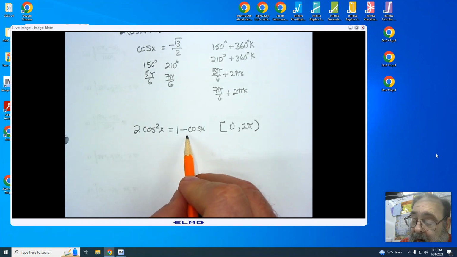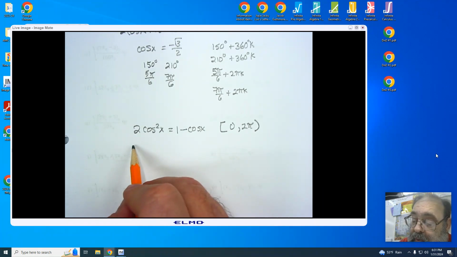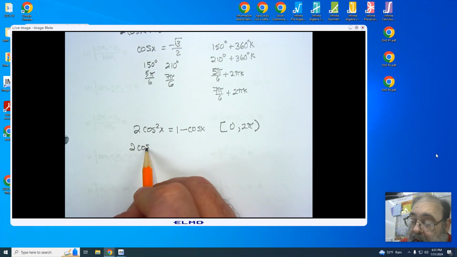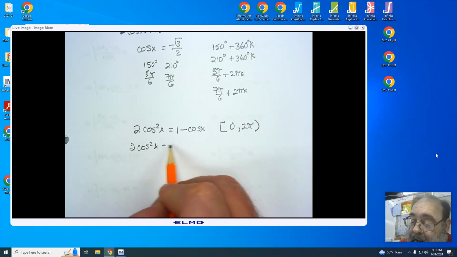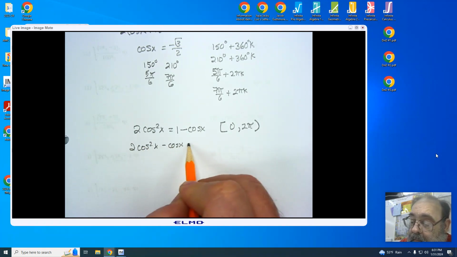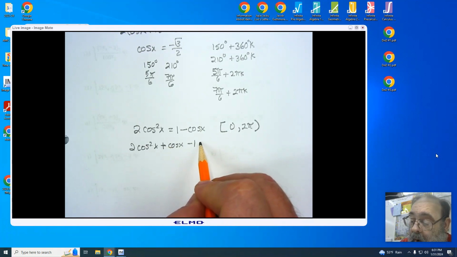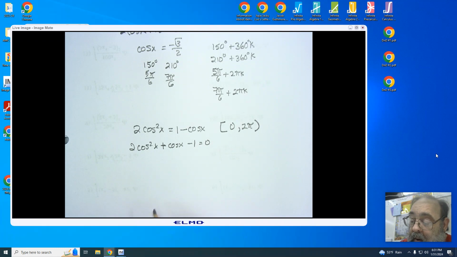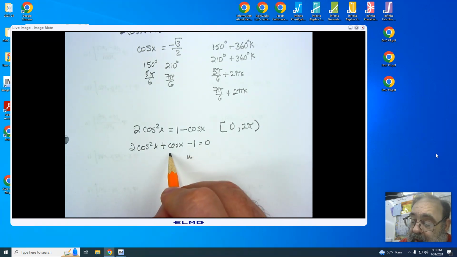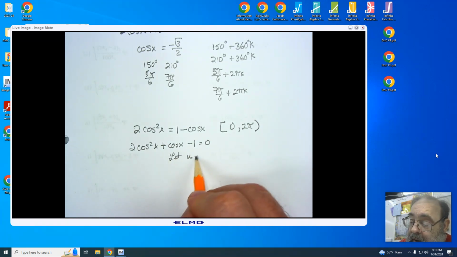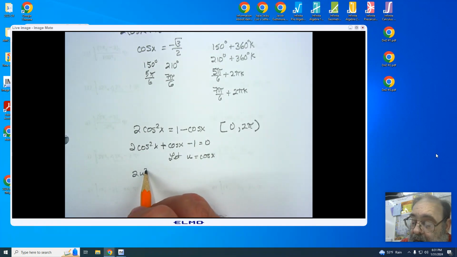I'm going to go ahead and add cosine and subtract 1. 2 cosine squared x plus cosine of x minus 1 equals 0. Now, some people are going to want to use a u substitution, and we're going to let u equal the cosine of x. This will give us 2u squared plus u minus 1.